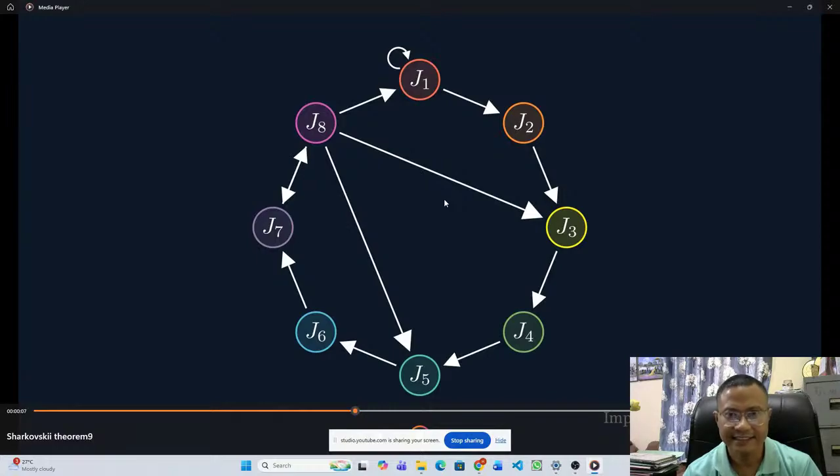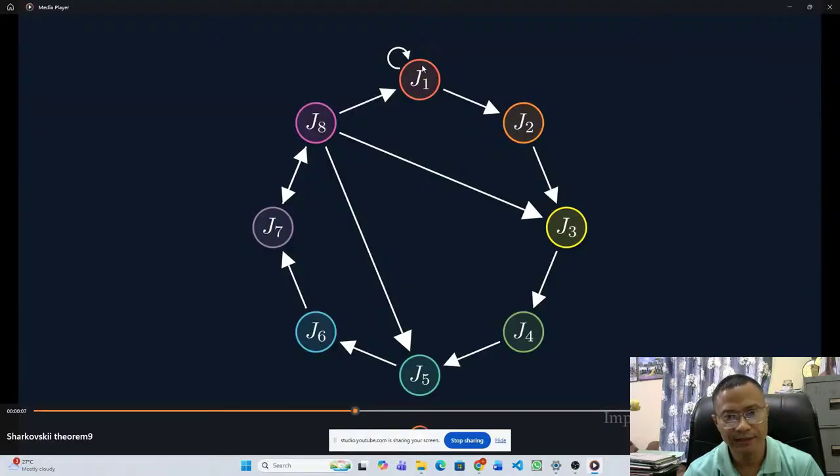There exists a primitive cycle of length 1. Therefore, this loop J1 to J1 is a primitive cycle of length 1. So the existence of a fixed point is there, which we have already talked about. My point is, it is impossible to find a primitive cycle of length 3, 5 or 7.